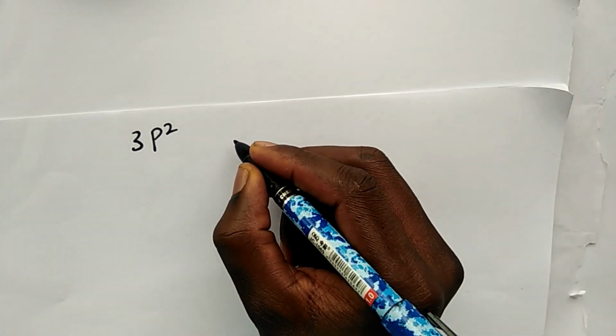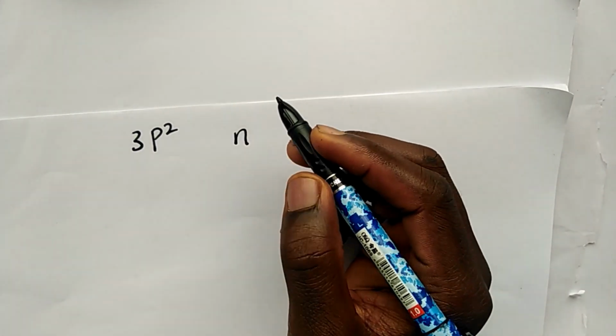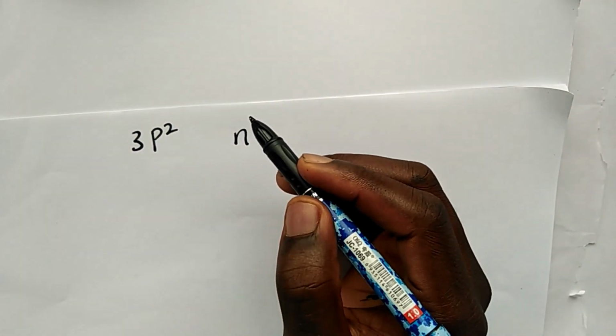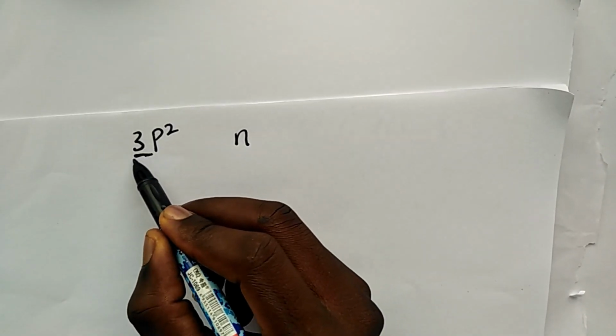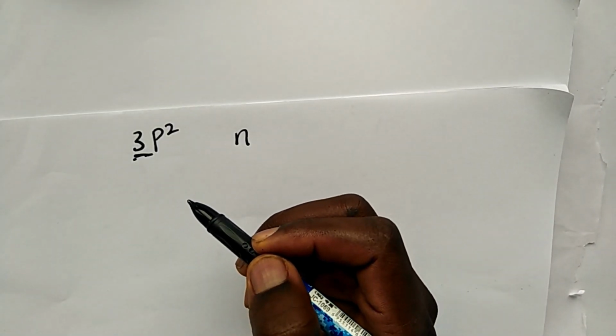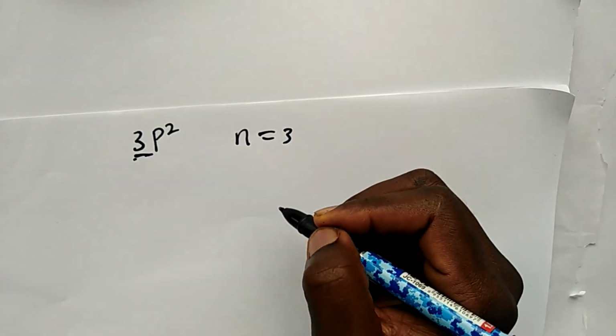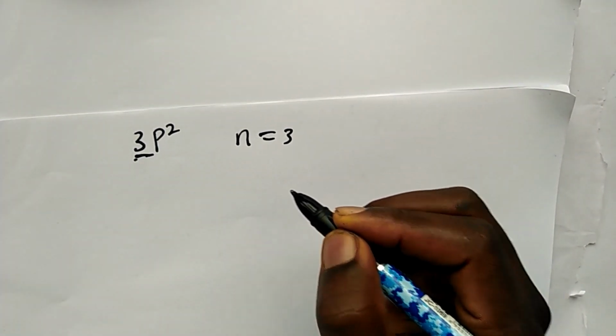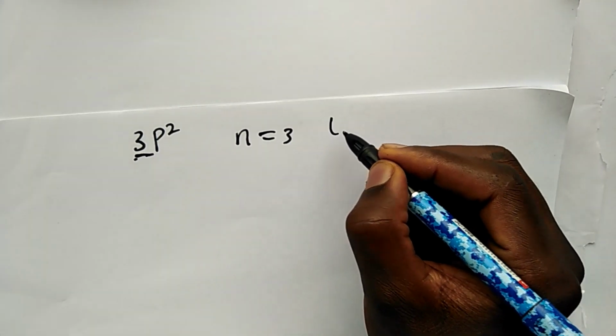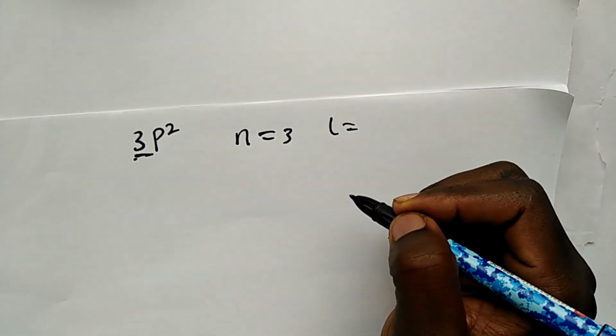To find the 4 quantum numbers of this particular electron, we start with the principal quantum number n. Whenever you are given something like this, the number in front is always the principal quantum number. So in this case, n is equal to 3. Then what about our azimuthal quantum number, L?